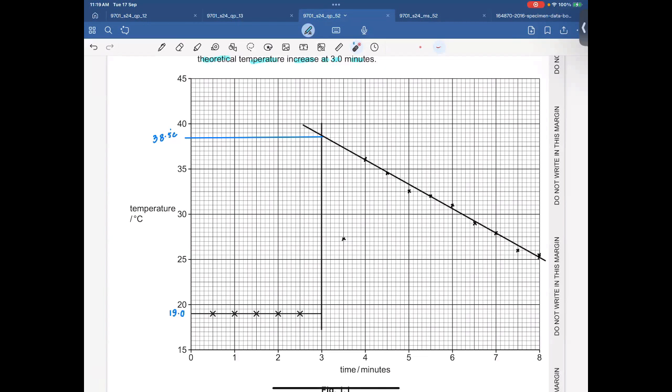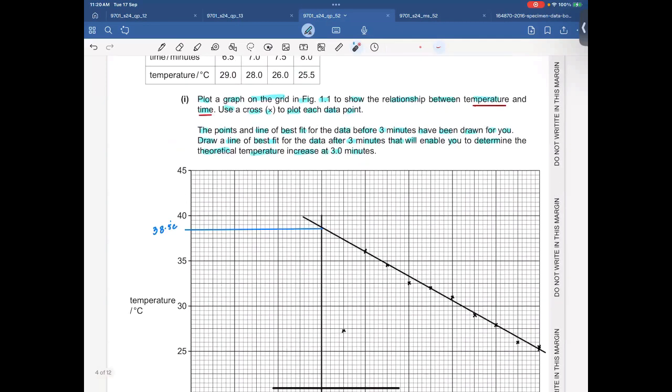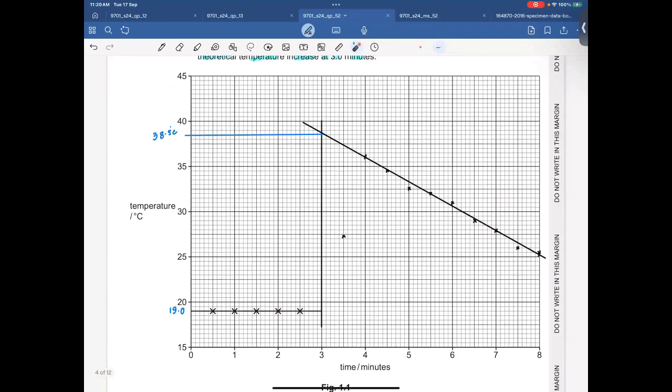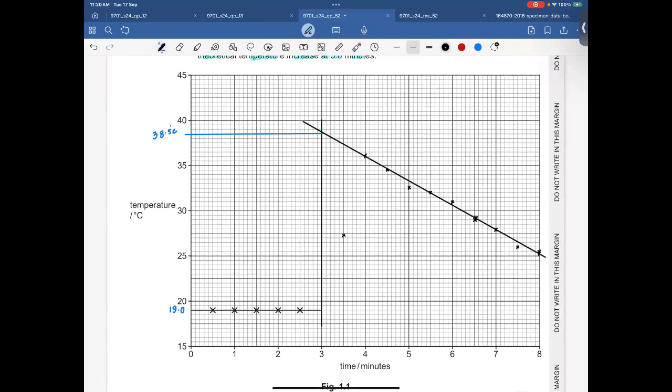Yeah, it's fine. 25, 26, 27, 28, 29. It's fine. So there's a graph actually.